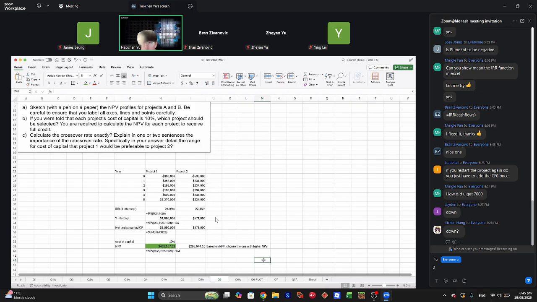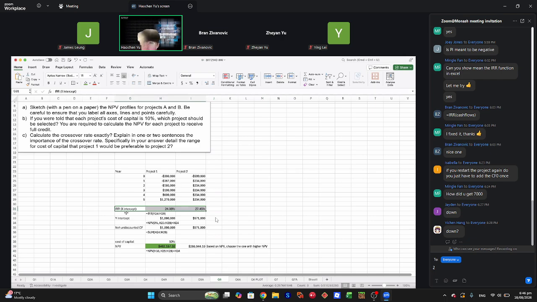So if the discount rate is 10%, I'm going to choose project 1 because it can give the higher level of NPV. But the problem here is that actually we have another decision rule about IRR. If you remember, we already calculated the IRR when we wanted to know the x-intercept.